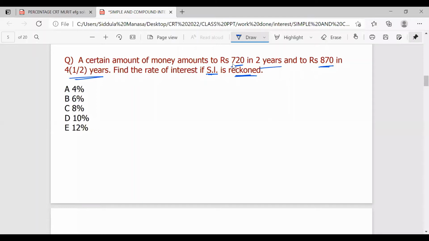So what we will write? Amount in 2 years, which is principal plus simple interest for 2 years, is equal to 720. Simple interest for 2 years is 2 times simple interest for 1 year.